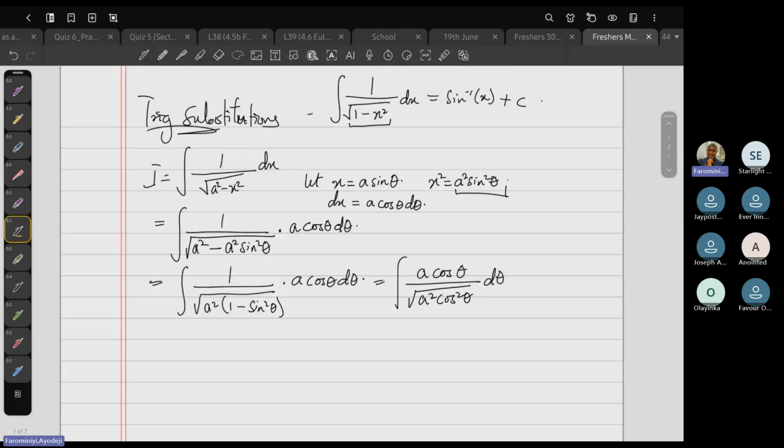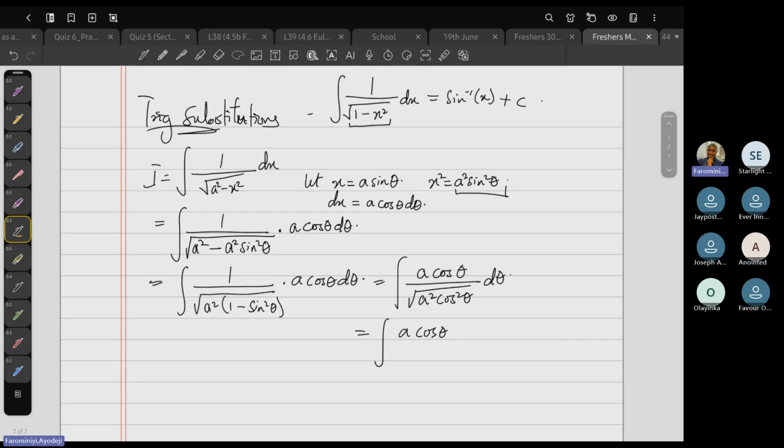So then the next thing will be square root of a squared cos squared theta is just equal to what? It's just equal to a cos theta, or in absolute value, but in this case, we don't care about that.